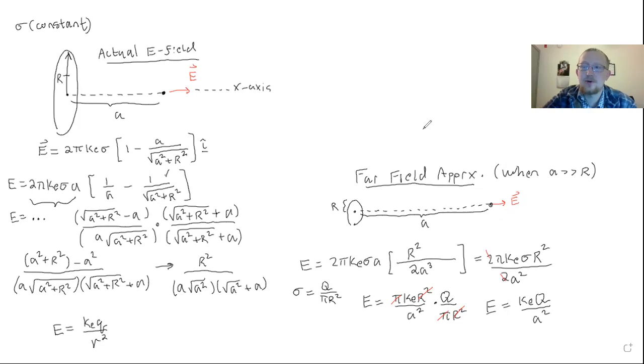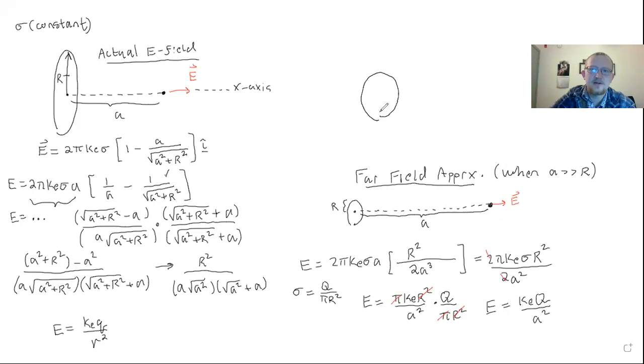And so what's cool is with the far field approximation, right? If you go too far out, the E field is just approximately 0. But if you go sufficiently far out, but not so far that E goes to 0, this charged disk will actually appear like a point charge, right? So in other words, imagine you're standing at this point of interest and looking towards the disk.